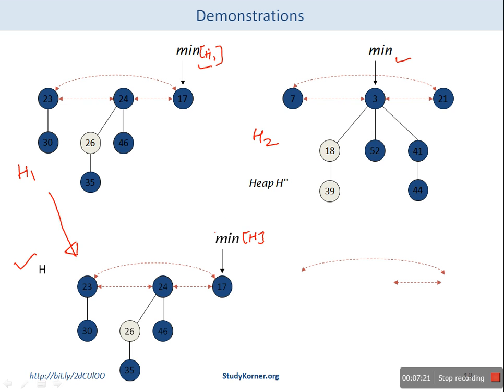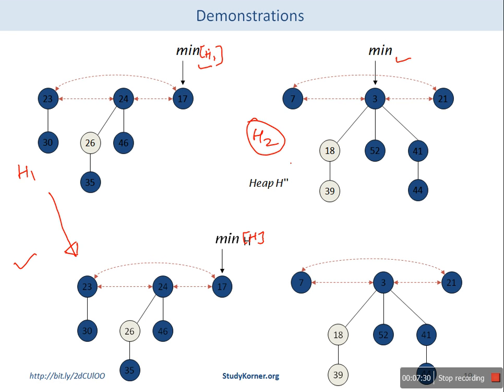Then we have to merge the root list of H2 with the root list of H. So the min of H is here. Now we copy the root list here, and in order to merge the root lists, we just shift the pointers. In this example, I copy the right of x to 3, then I remove the left of x, which is linked to 7 here, because 3 is already connected with 17.